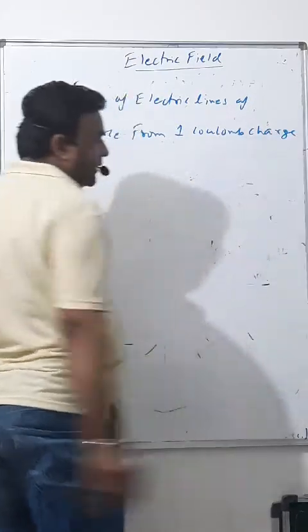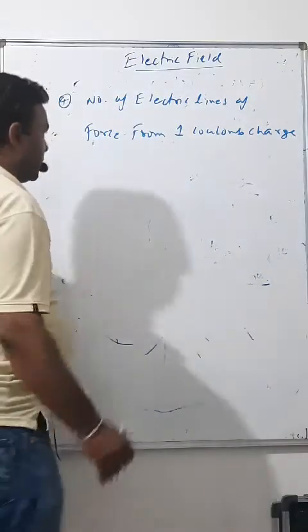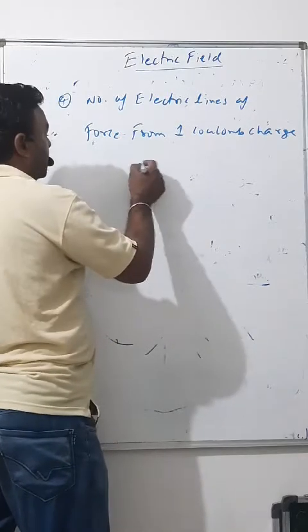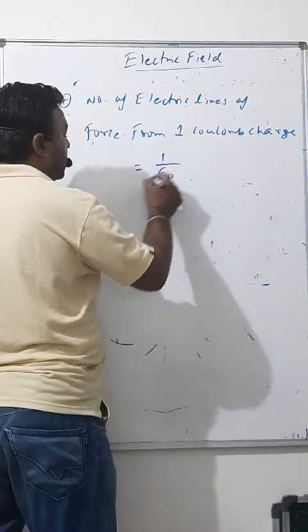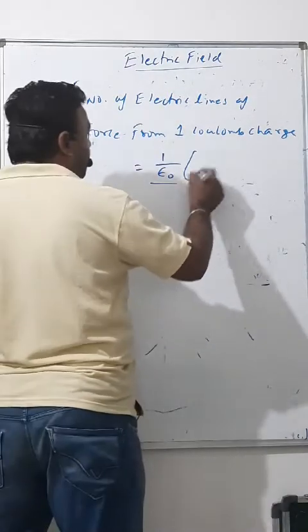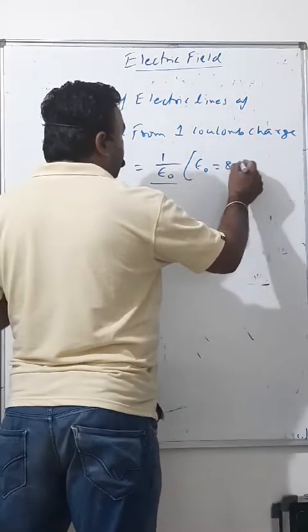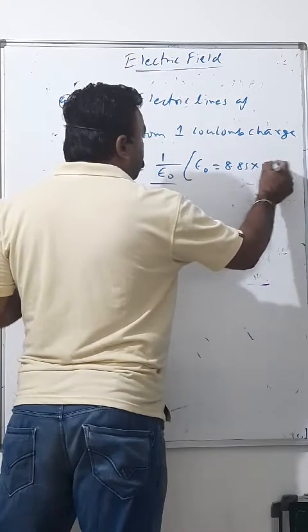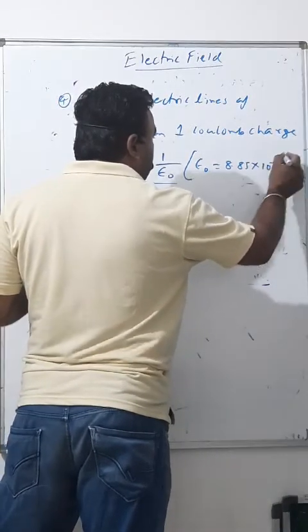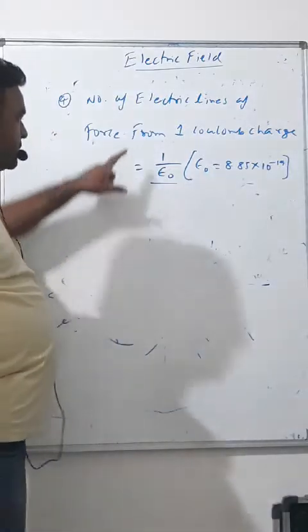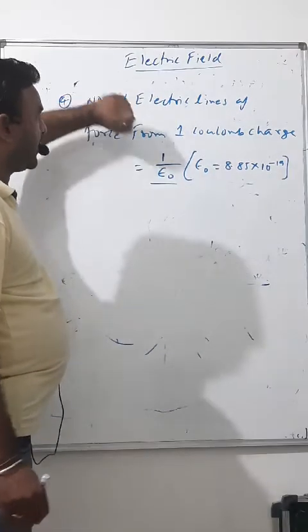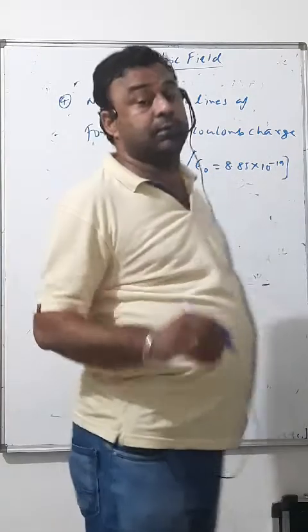Later, when you study Gauss theorem, you'll come to know about this. It is equal to 1 upon epsilon naught. I hope you remember the value of epsilon naught, 8.85 into 10 to the power minus 12. This is the number of electric lines of force linked with 1 coulomb of charge.